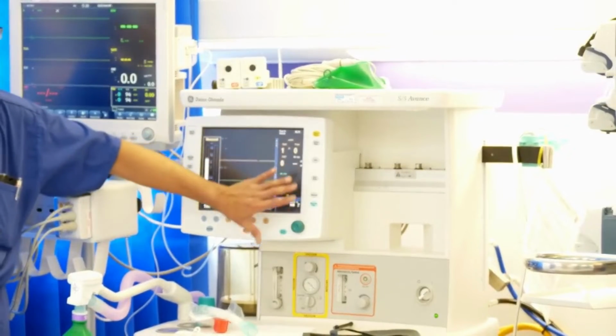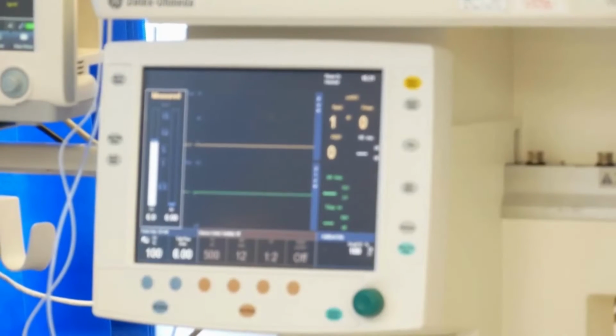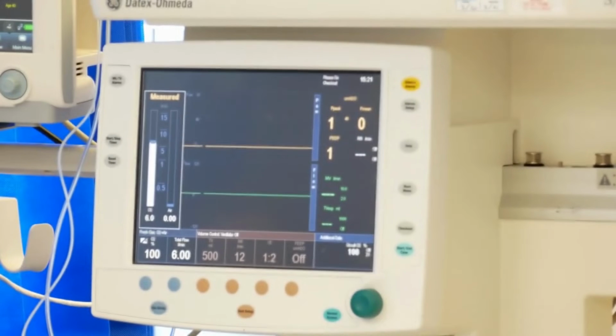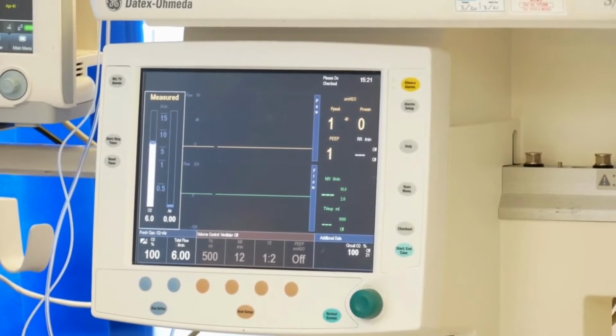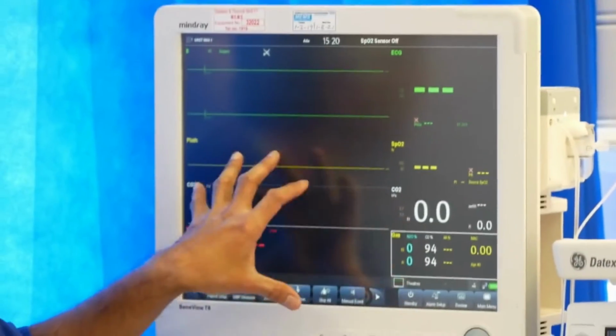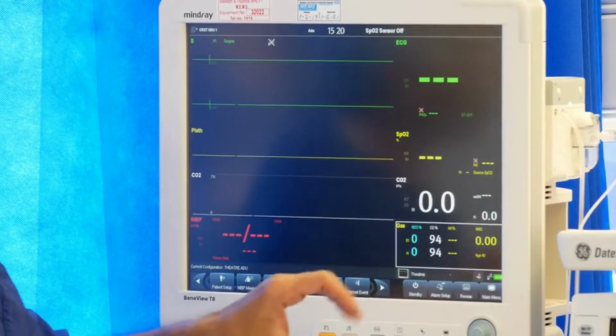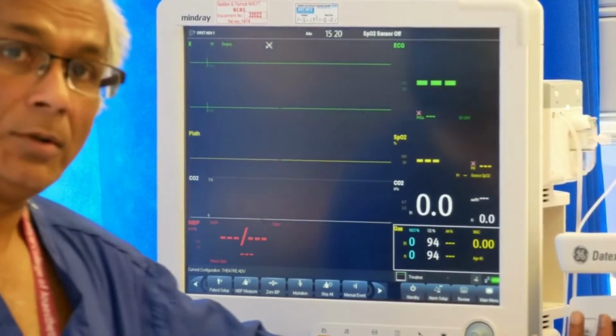This screen is the ventilator setting screen, and this is your monitor where you all know about ECG, saturation, blood pressure. There are additional measuring parameters I will explain to you. I'm going to focus first on the ventilator setting.